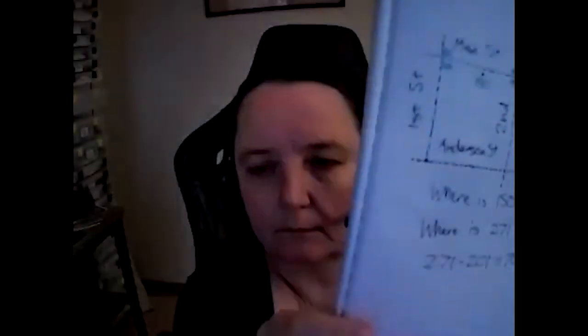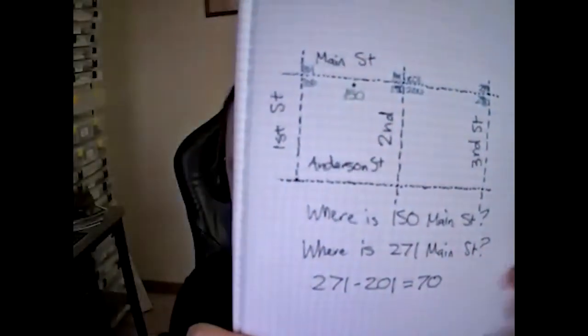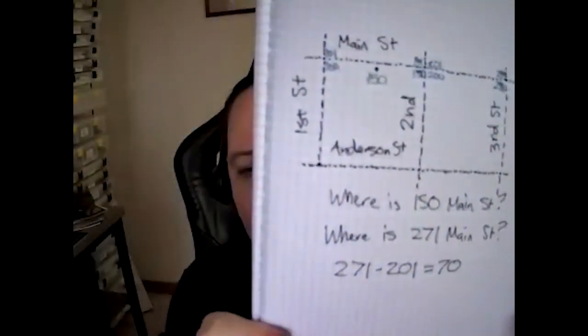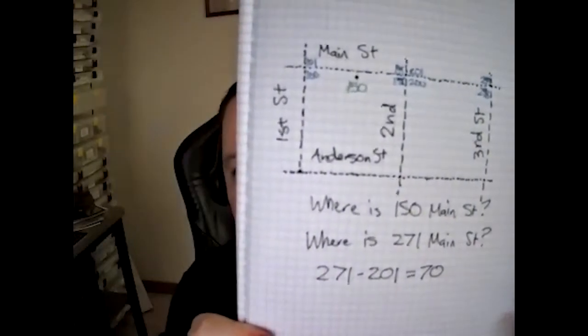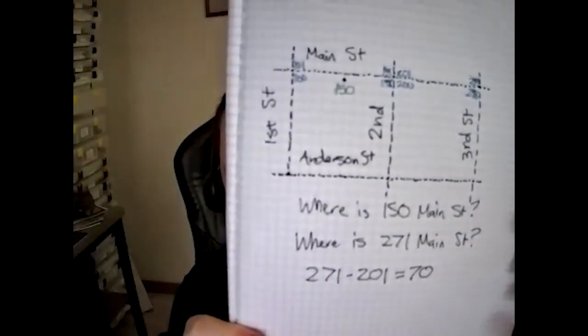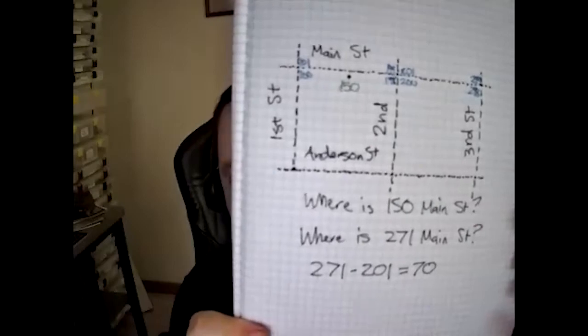So we're going to take 271 and subtract 201, and we will get 70. There we go.